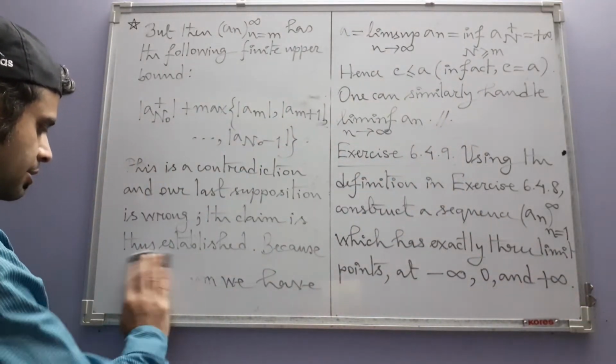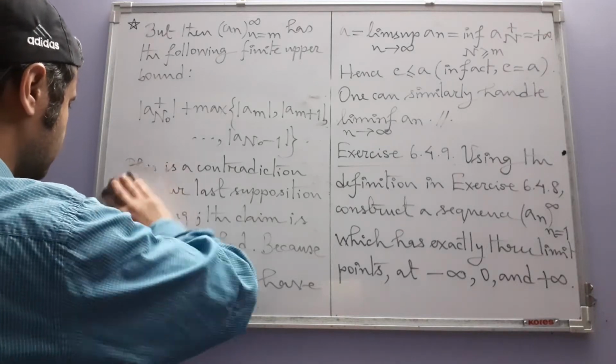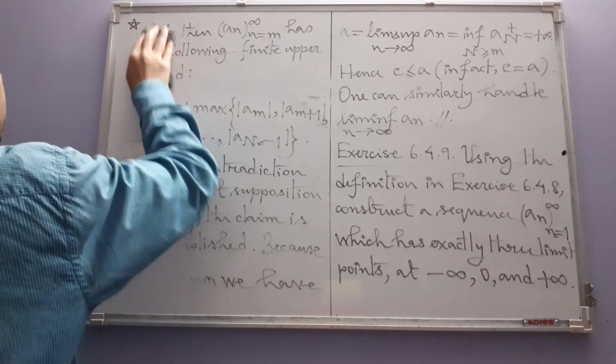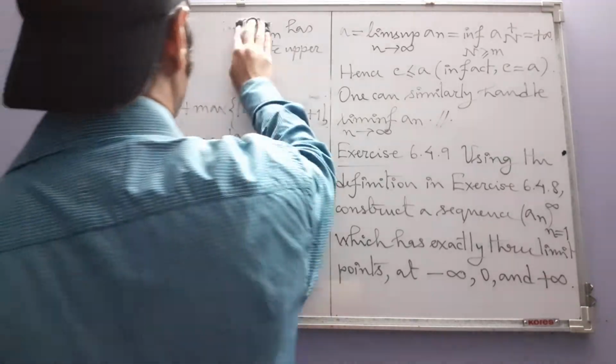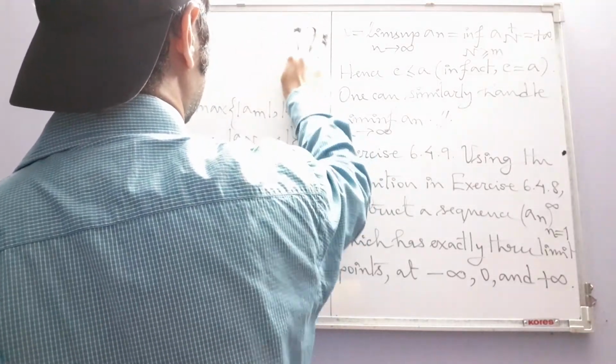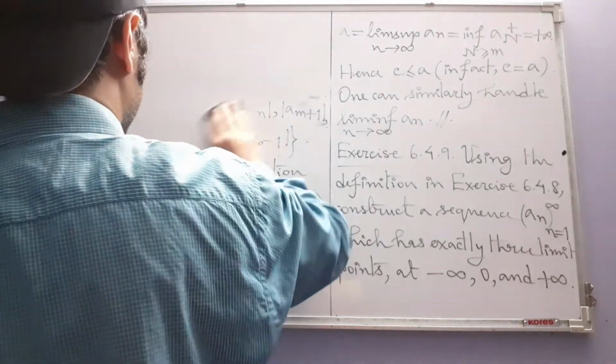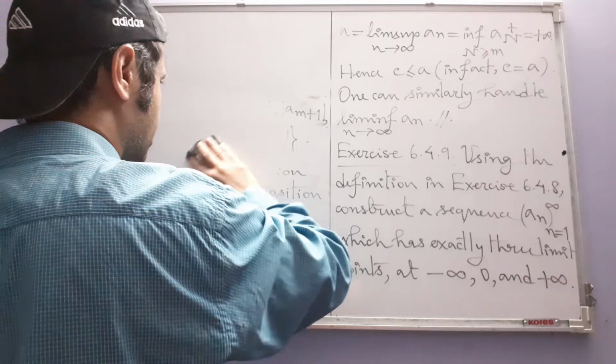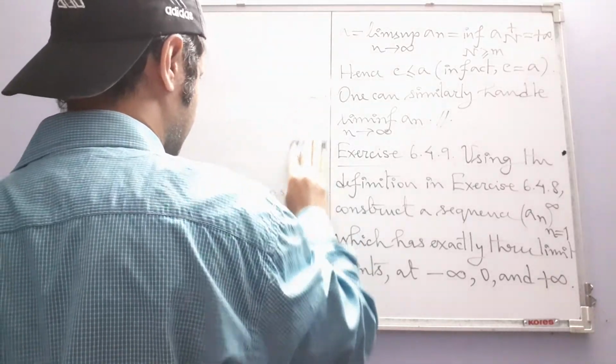So such a sequence now has to be constructed. Two of those limit points are the infinite extended real numbers, and one of them is 0.